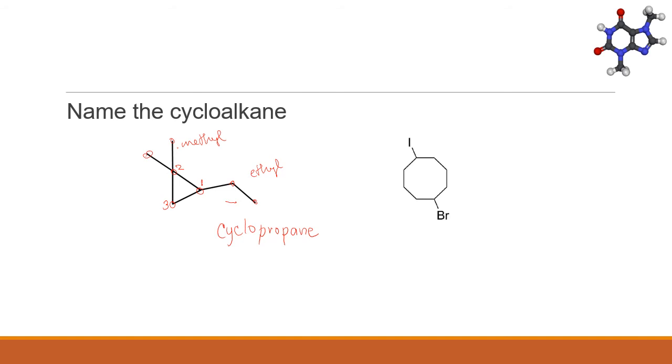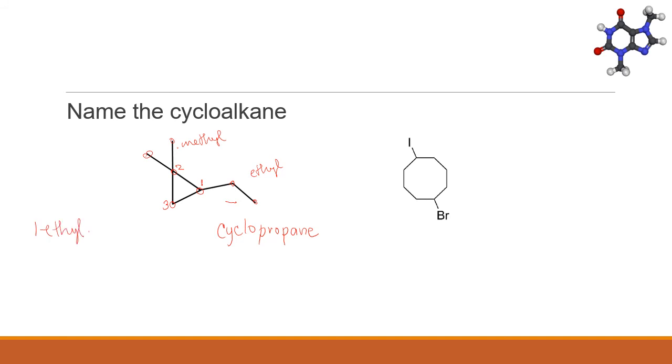Our numbering is counterclockwise because it gives us a lower sum than if we numbered it clockwise. So we name our side chains as 1 ethyl.